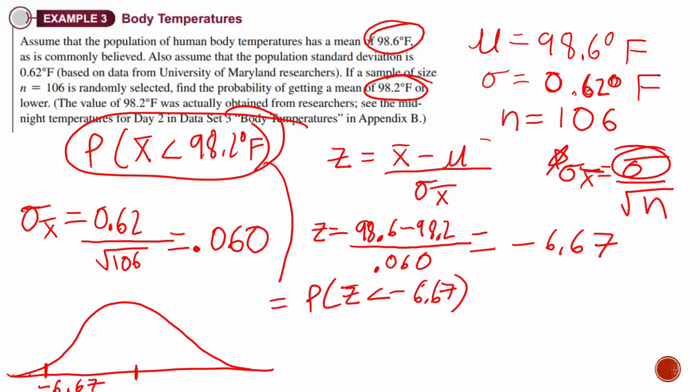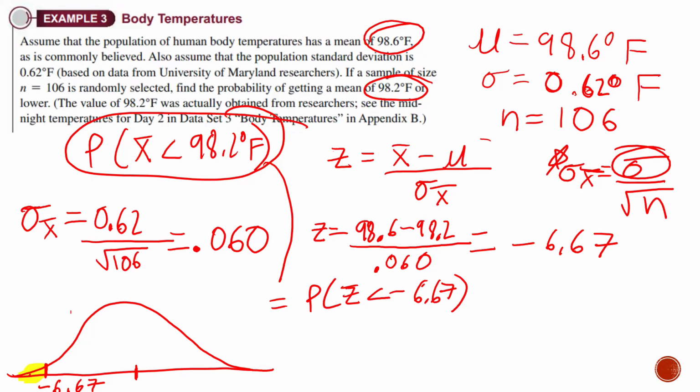we're trying to find this area right here. And again, if we look at our table, what do we find? We find this number 6.6? No. But even if we just go to 3.99, our area is 0.00003.